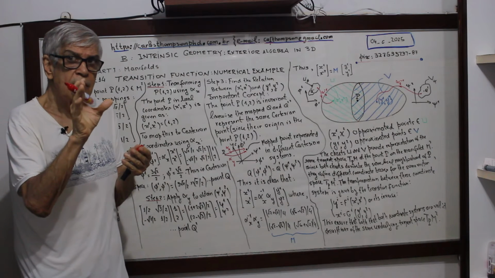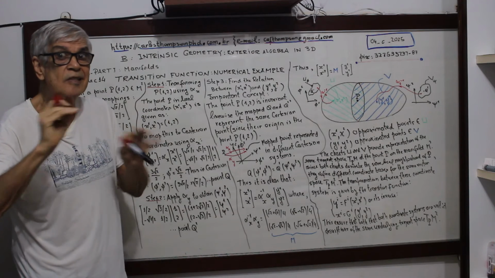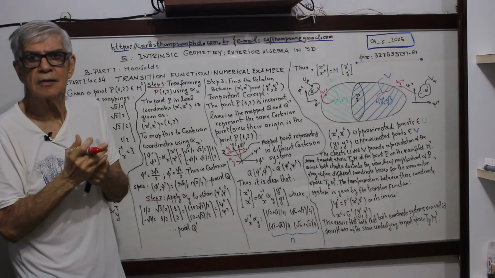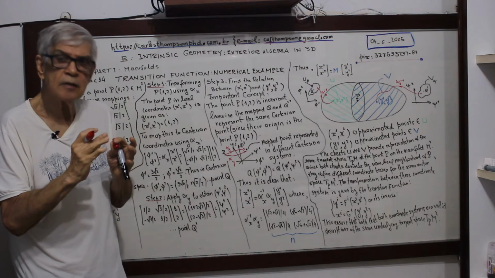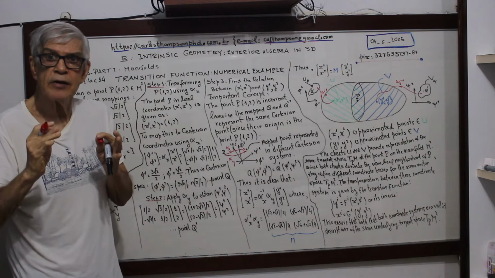The position vector is the same as when we use Cartesian coordinates, because the point is invariant, the vector is invariant.